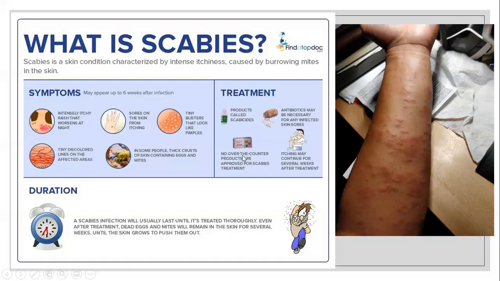Also, no over-the-counter products are appropriate for scabies treatment. Itching may continue for several weeks after the treatment. What is the duration? A scabies infection will usually last until it is treated thoroughly, even after the treatment.